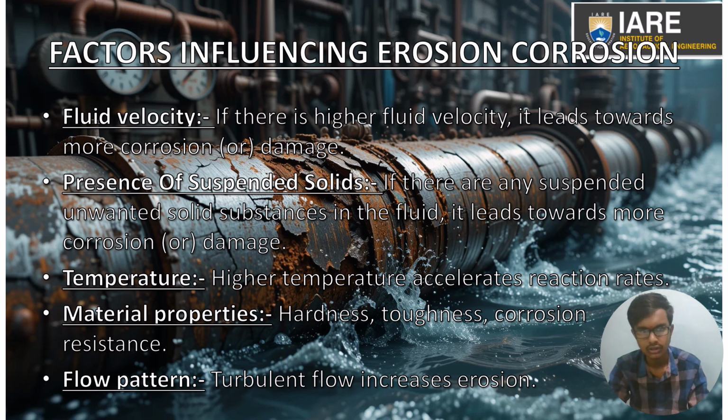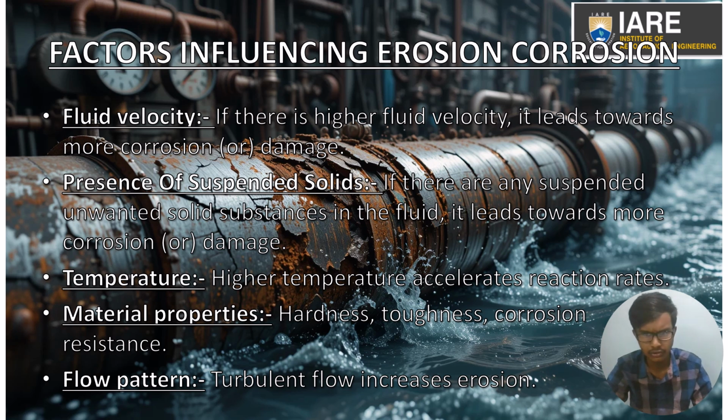Now let's go through the factors influencing this phenomenon of erosion corrosion. Erosion corrosion is influenced by several interrelated factors that collectively accelerate the degradation of materials in industrial systems. One primary factor is fluid velocity, as you can see in the slide.